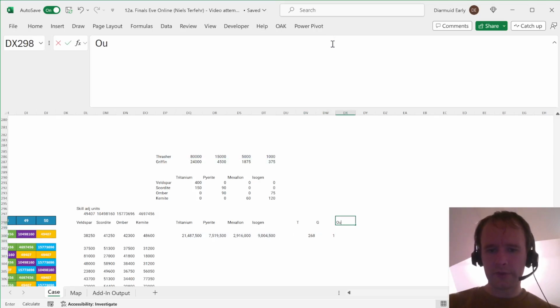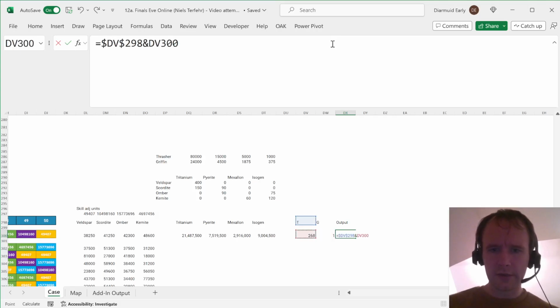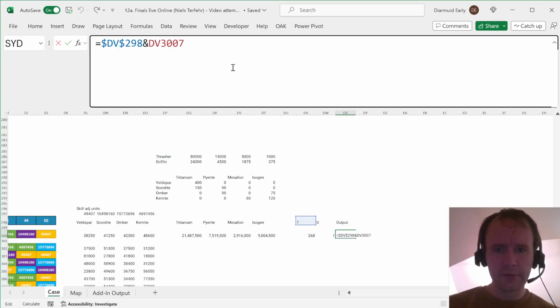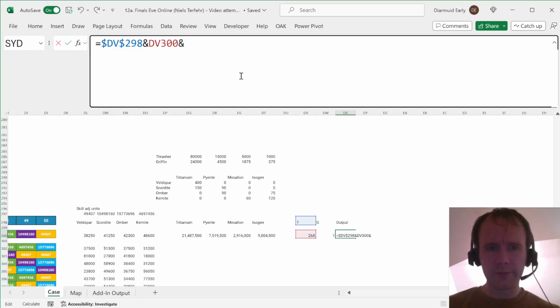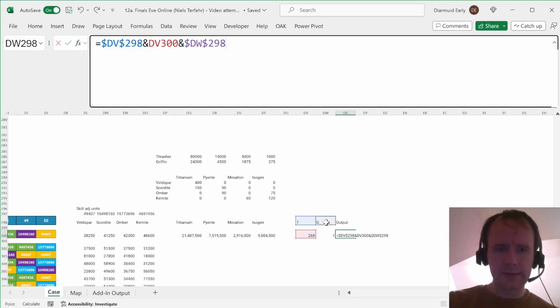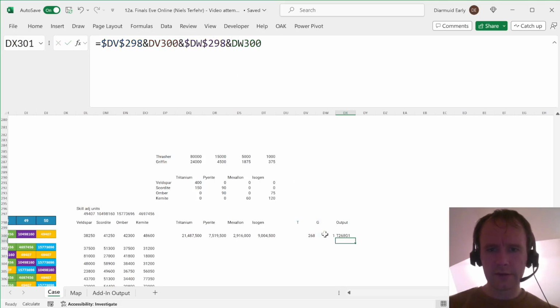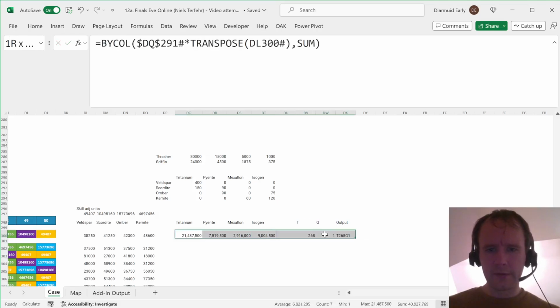So then the output is just going to be T lock and 268 and G. Whoops, what the heck happened there? Oh, sorry. Ampersand. That lock and this. And then hopefully that all checks out.